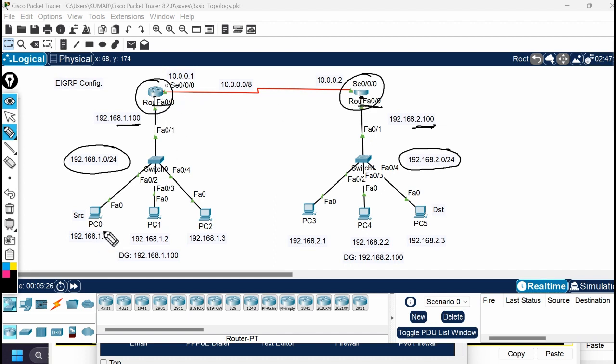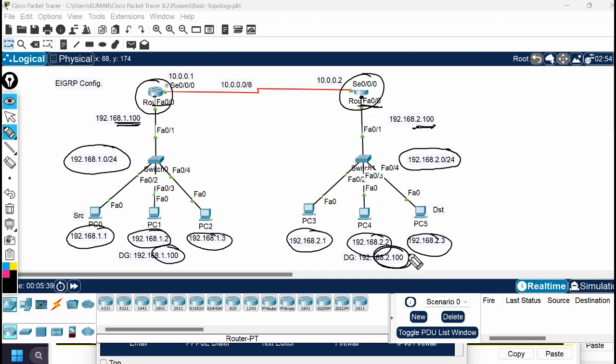Later on the PC IP addresses are like 1.1, 1.2 and 1.3, and the default gateway is 1.100. Similarly, you have 2.1, 2.2 and 2.3 here, and the default gateway is 2.100.